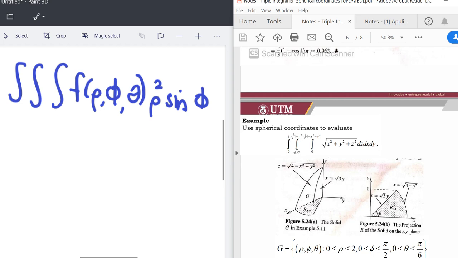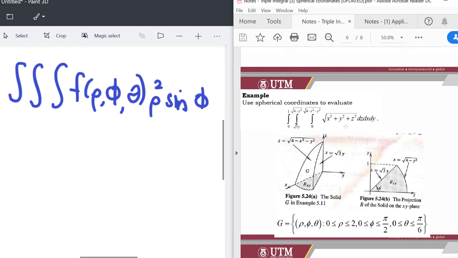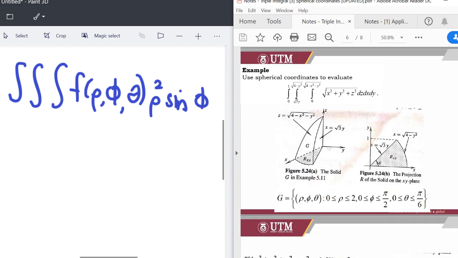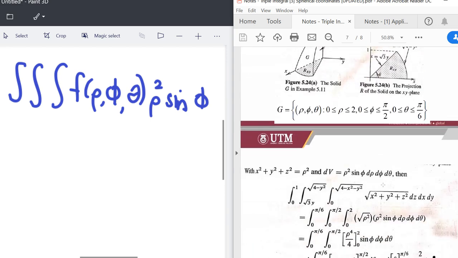So we have to identify the region based on the given limits in Cartesian coordinates first, before we convert to spherical. I give you the picture together, so you can go through this example, and later I'll give you a tutorial question for spherical coordinates.